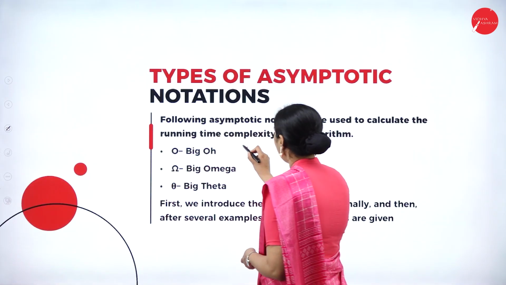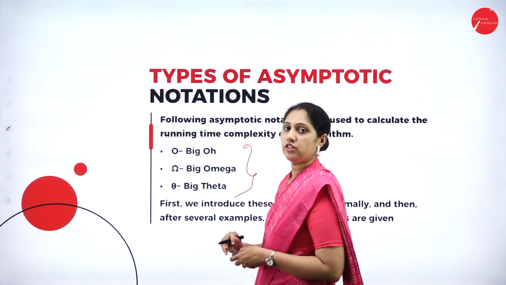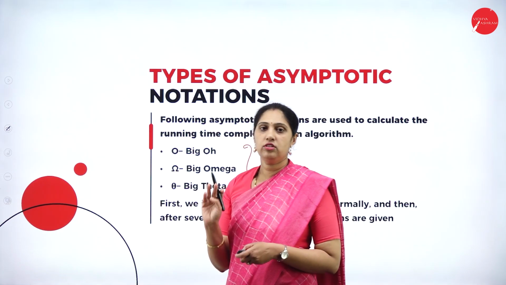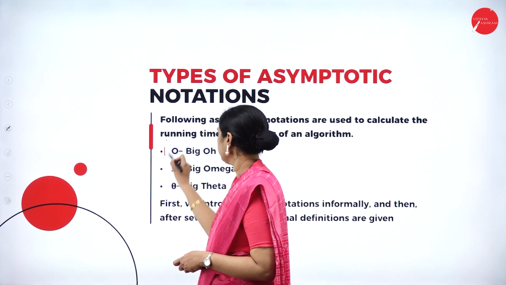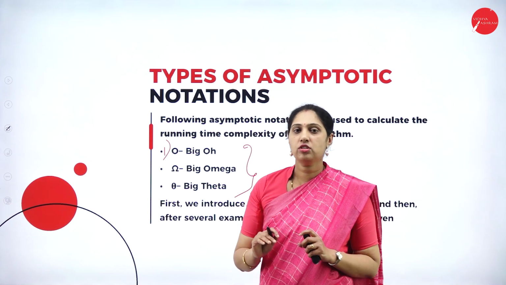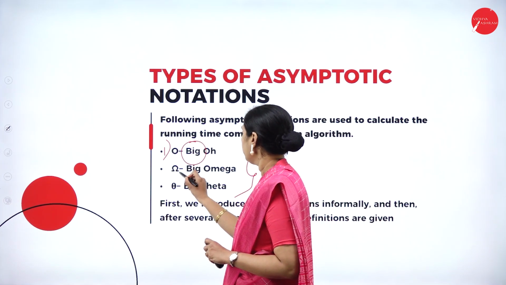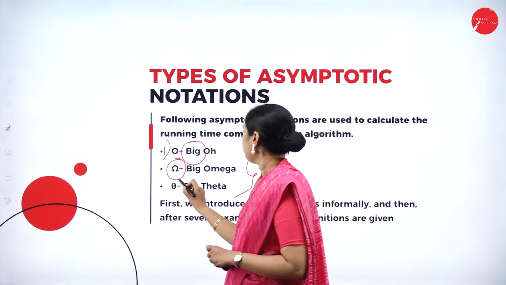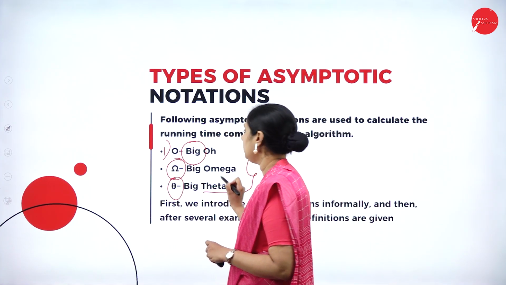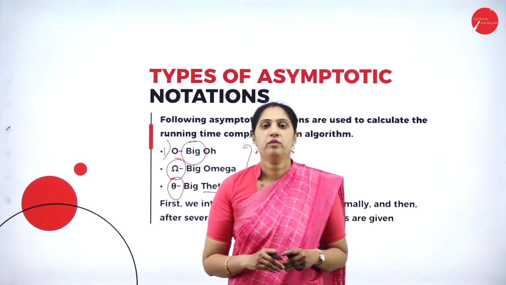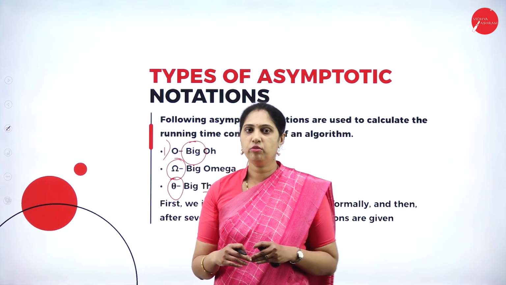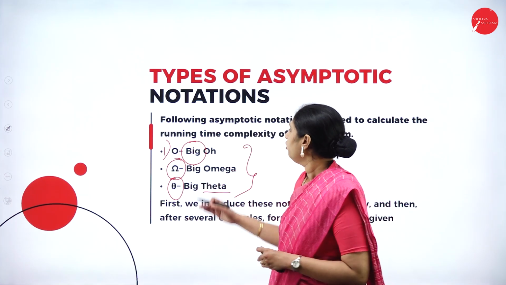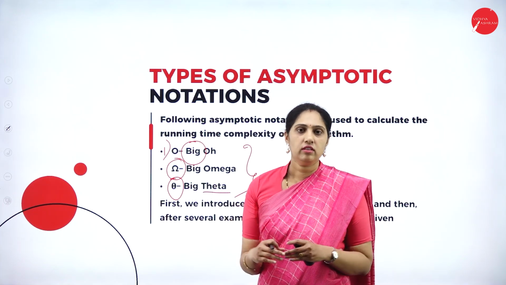Then what are the types of asymptotic notation? In this, you have 3 types. What is the first one? Big O. It is not just O, it is big O. Then this symbol is omega notation. What about this? This is theta notation. In your exam, if they ask, list the types of asymptotic notation and explain, you have to list it and explain with a graph.